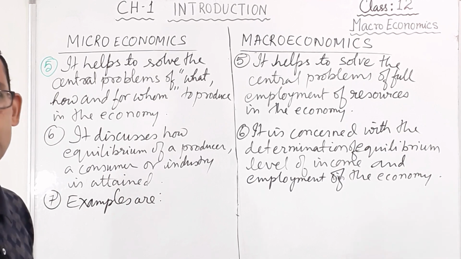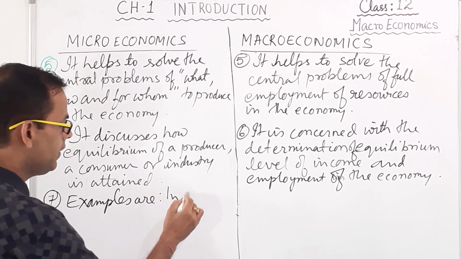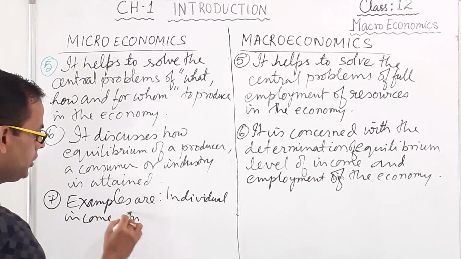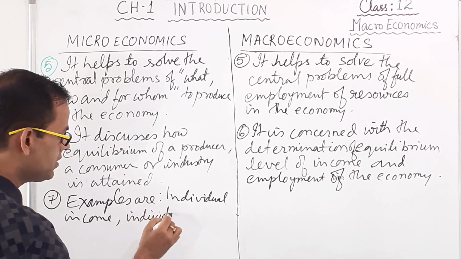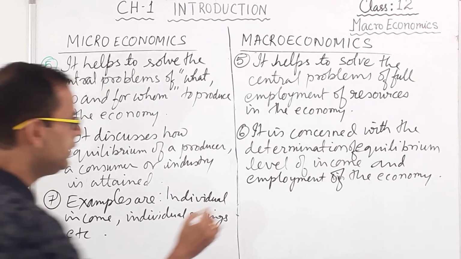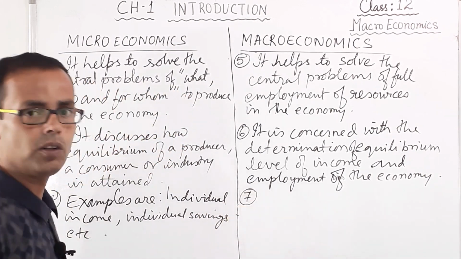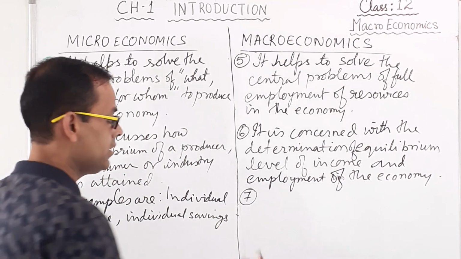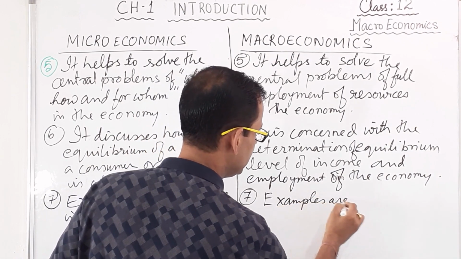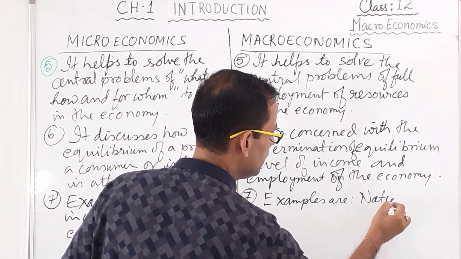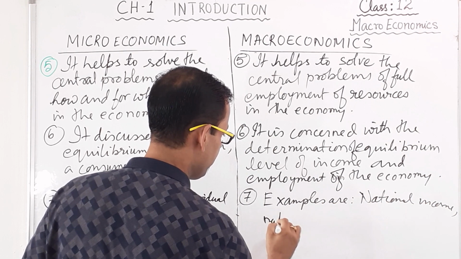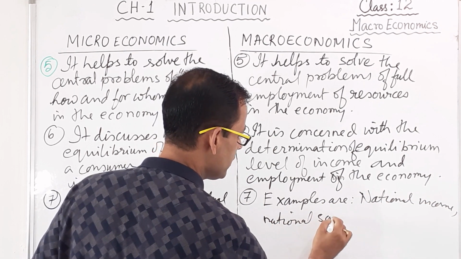For micro, examples are individual income, individual savings, etc. And for macro we have examples like national income, national savings.